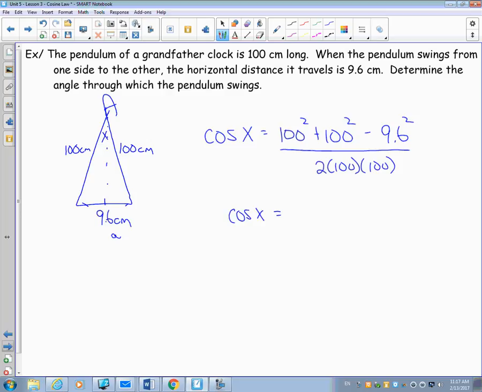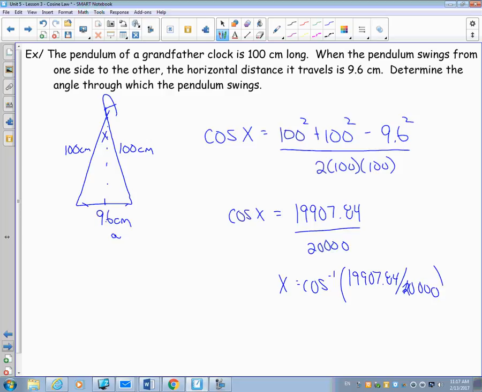So on the top, I put it on my calculator, I get 19,907.84. On the bottom, 20,000. I'm going to take the inverse cos of that stuff. Oops, 20,000, not 10,000. And I get an answer of approximately 5.5 degrees. Not a big swing.